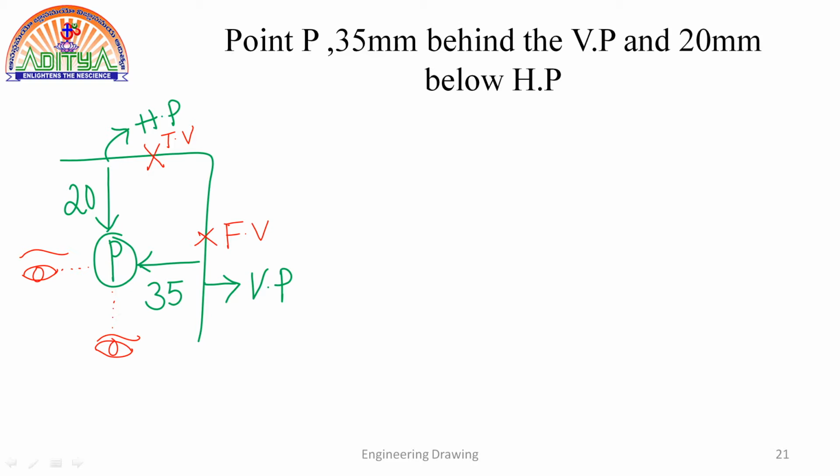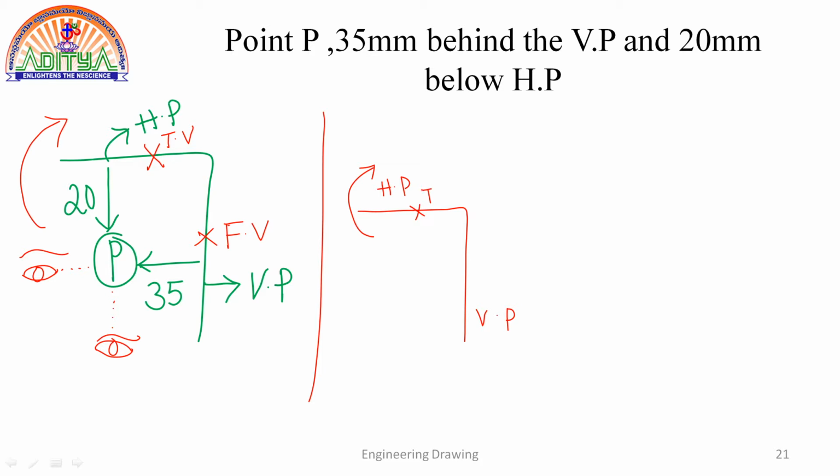Next, what we have to do? We have to rotate this horizontal plane in the clockwise direction. If we rotate this horizontal plane clockwise, how will the representation be? VP, HP. As we rotate this, here we are getting the top view and here we are getting the front view.